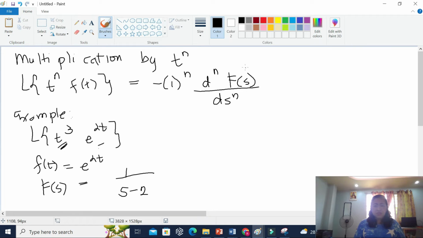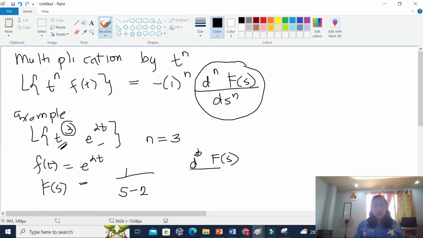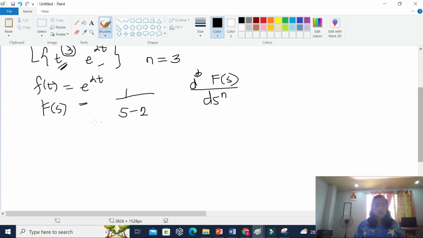But you are required here to get the nth derivative. Our n is equivalent to 3. So we are to get the third derivative of the function of s with respect to s. So let us first get the first derivative of the function of s.